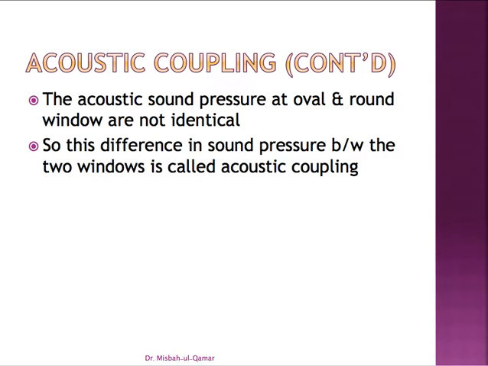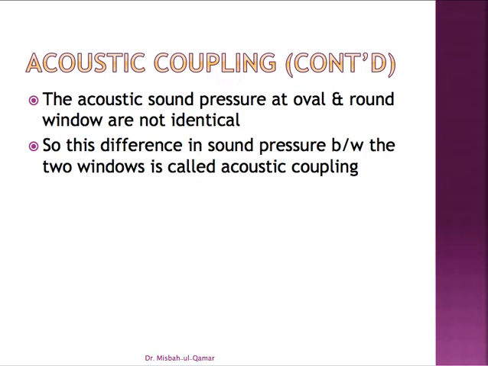Since the cochlear windows are separated by a few millimeters, the acoustic sound pressure at the oval and the round window is not identical. Now, this difference in the sound pressure between the two windows is called acoustic coupling, right?